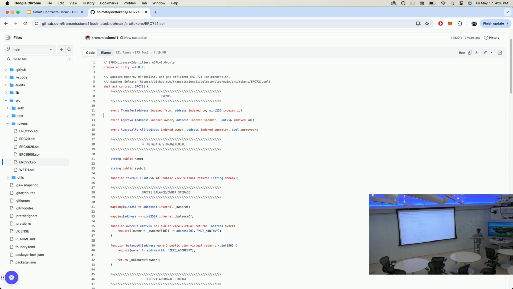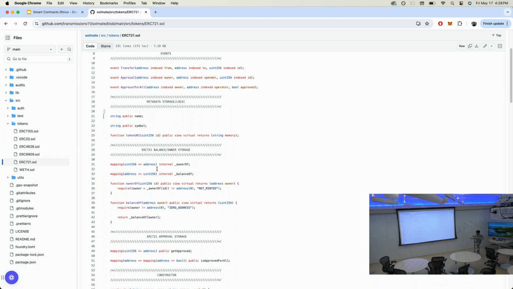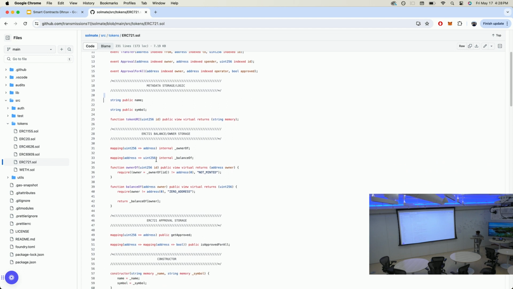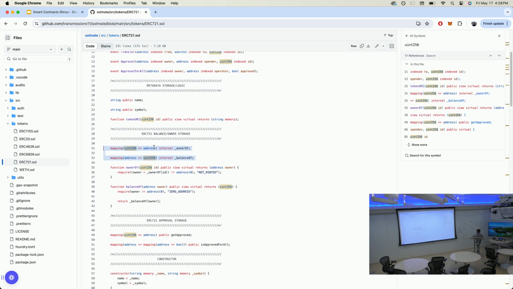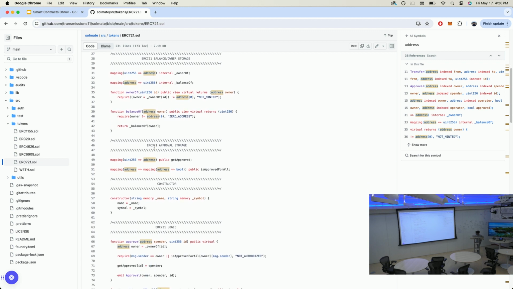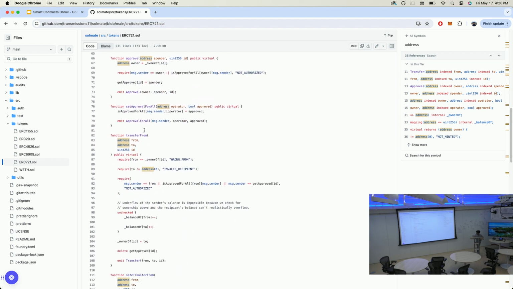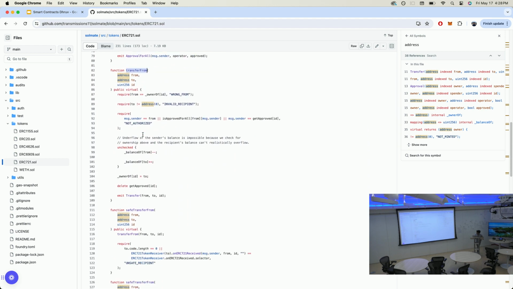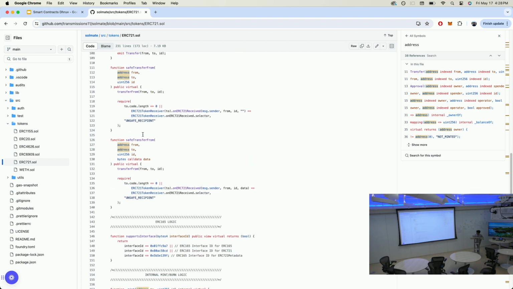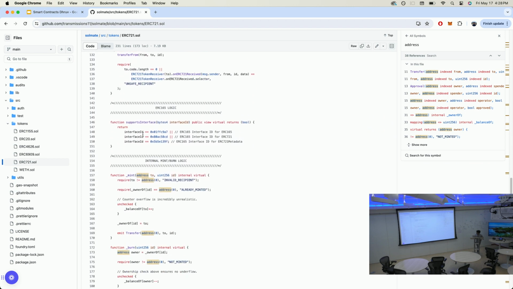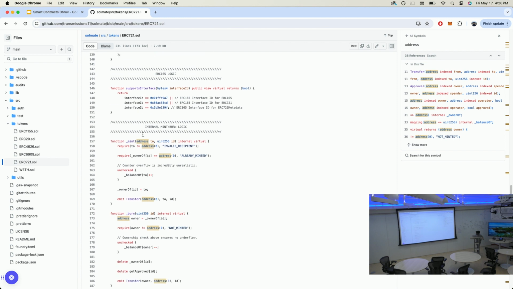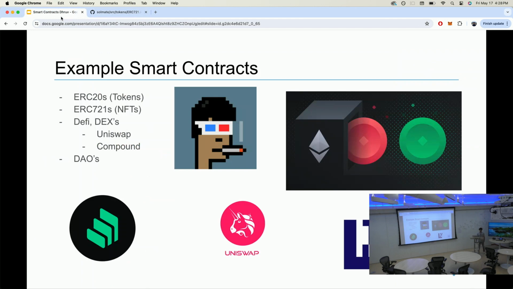You can see events there, the name of the NFT, the symbol, and again mappings for owners. And you can see some of the other functions, like transferring an NFT, and there are also burning and minting functions for NFTs. So those are a couple of examples.